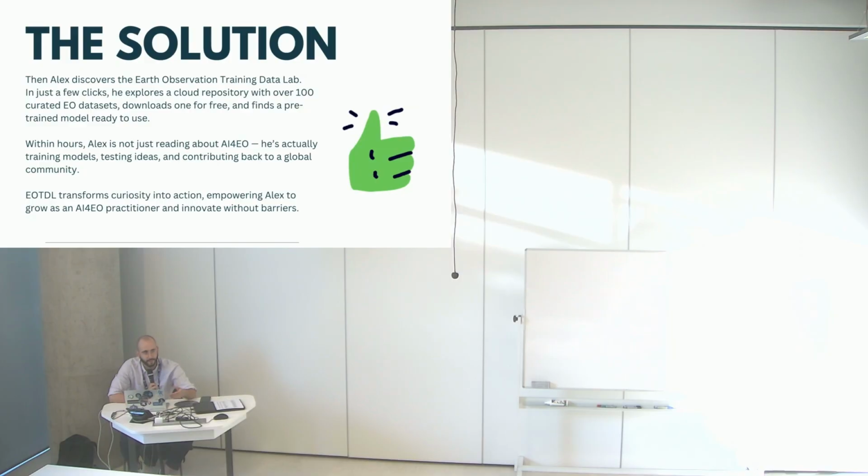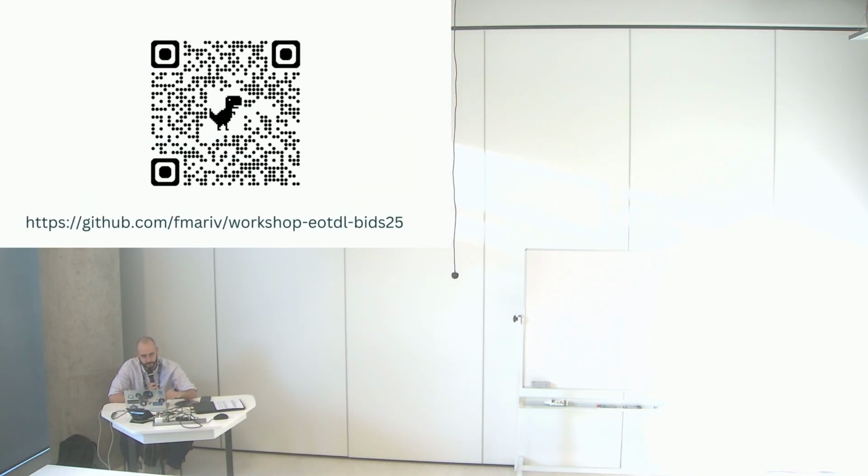So in a few hours, Alex is not just ready for AI for EO, but he's training models, he's testing ideas, he's hosting these models because maybe Alex doesn't have a powerful machine with a lot of capacity with terabytes of data, but EOTDL has. So EOTDL lowers these barriers, transforms curiosity into action, and empowers Alex to enter the AI for EO sector and innovate without barriers. And this is what we are going to see in this workshop.